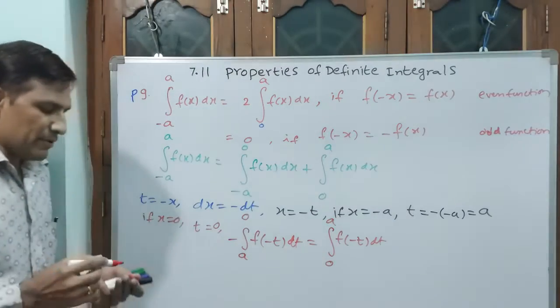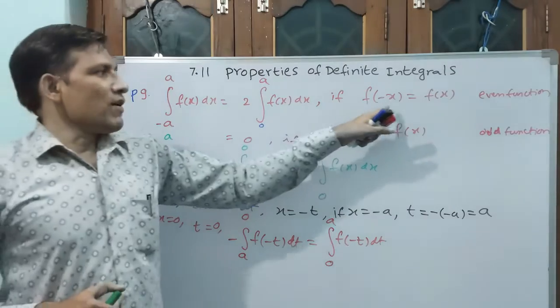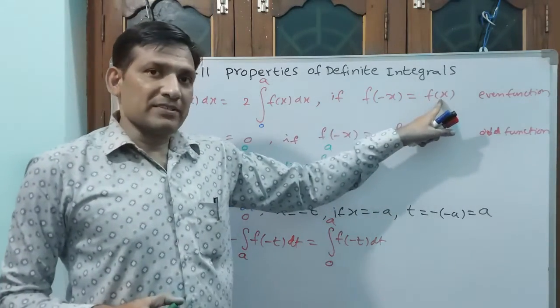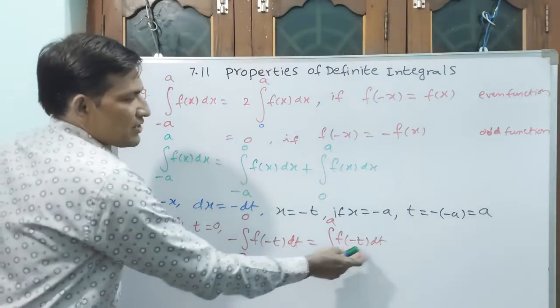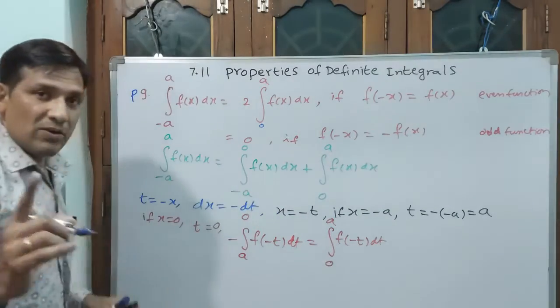Now stop. Now you tell me, already we have told here, f of minus x is equal to f of x, even function. f of minus t is equal to f of t if it is an even function. See what I am writing now, carefully observe.